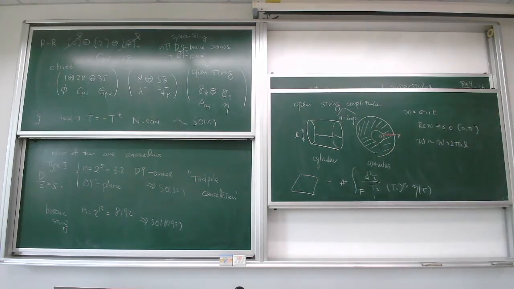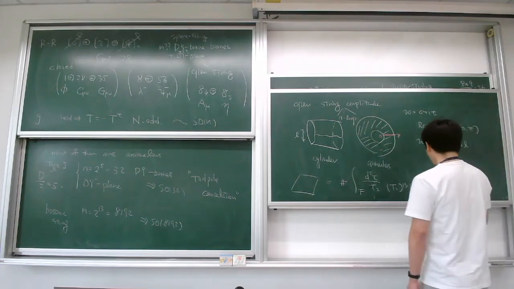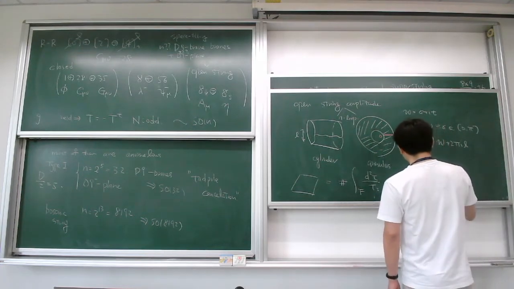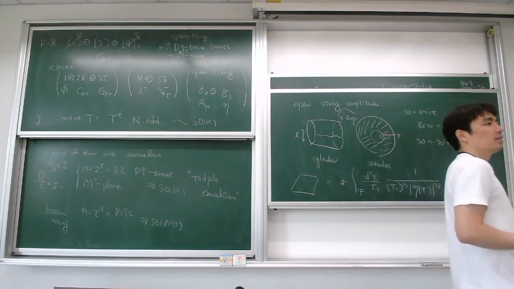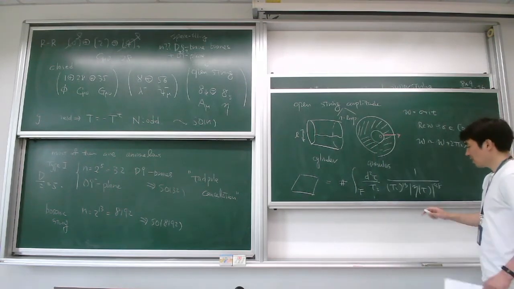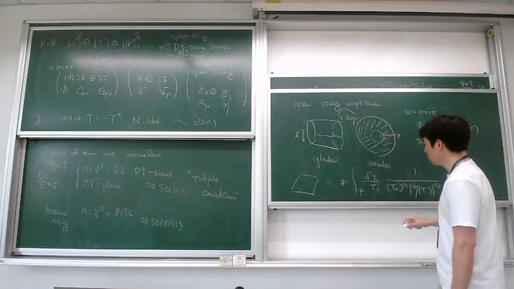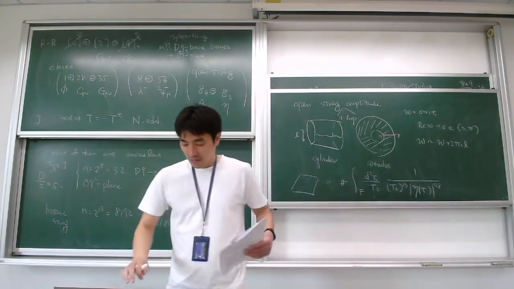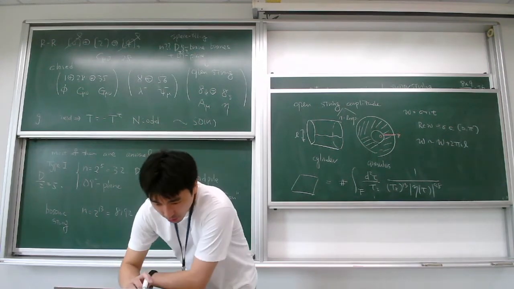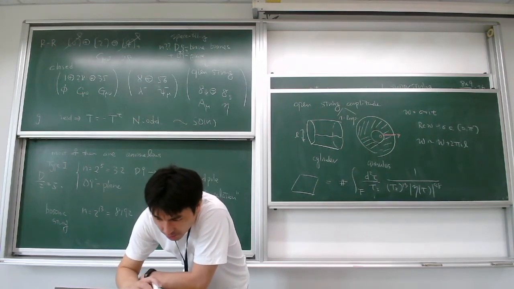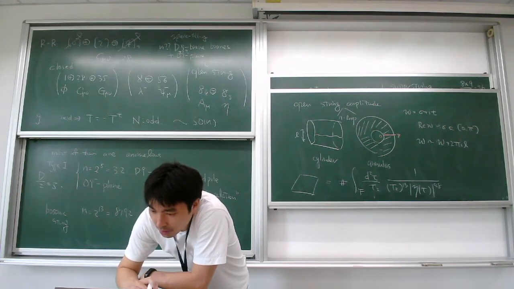What did we have? 28? 48? Is it true? I need to check the precise formula. So this is closed string. I already forgot what the precise amplitude was. Let me check my lecture notes.